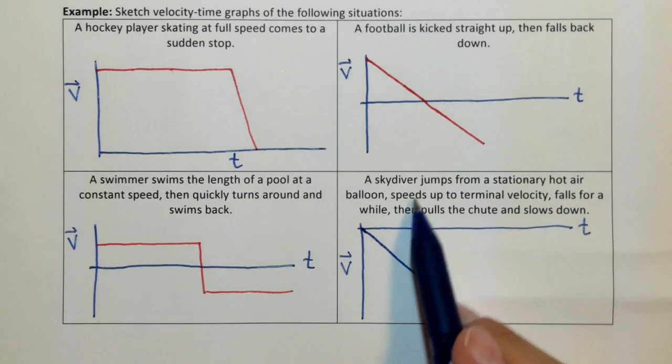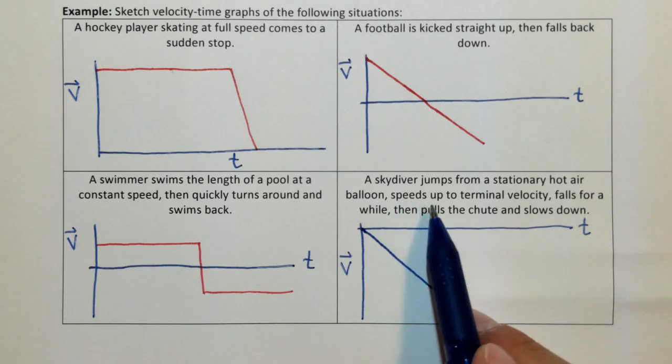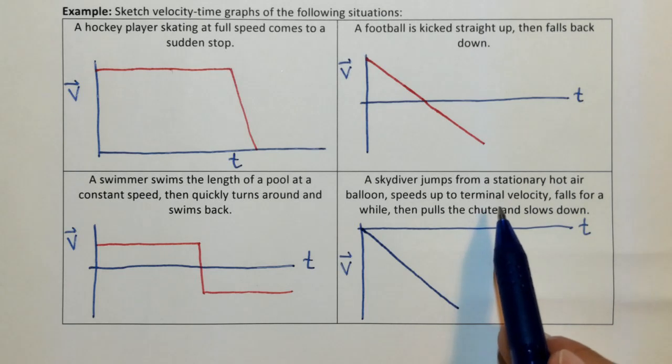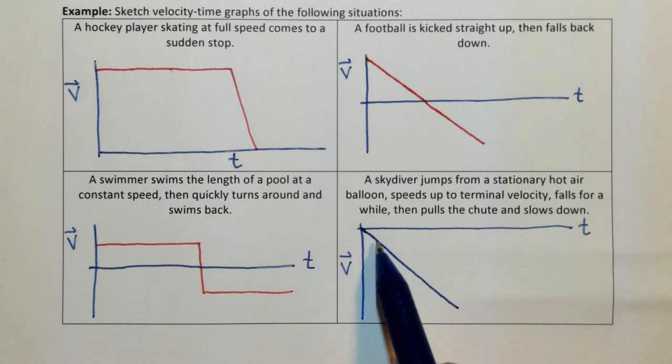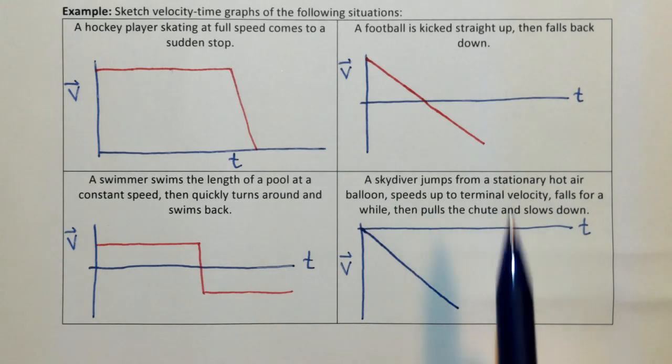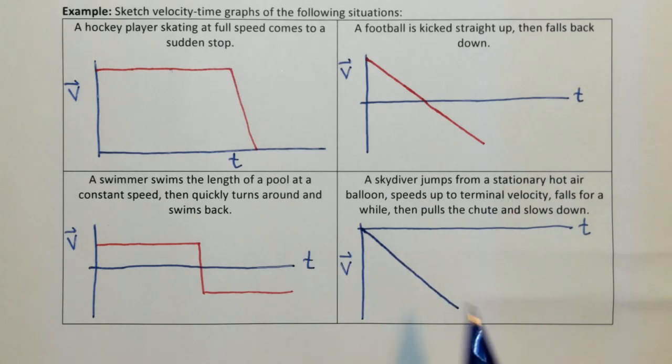But then there comes this time called terminal velocity, where, and this is maybe a bit of a new concept, you probably won't have heard of this before, but in skydiving it's something that happens. And the idea is, as you're moving down, gravity's pulling on you, and that makes you go faster and faster. So this velocity is getting more and more negative. But as you go down faster and faster, there's wind pushing up on you. And the faster you go, the stronger that wind is.